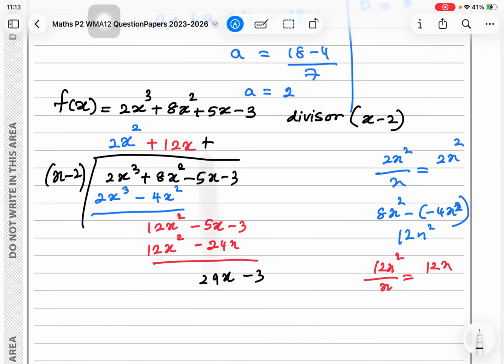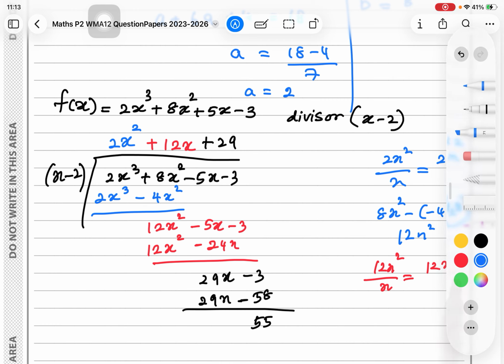So we have 29 back here, 29x minus, when you multiply, it's 58. So altogether the remaining is going to be 55.